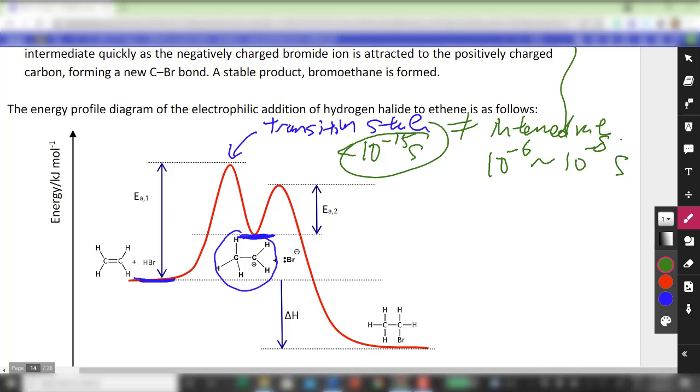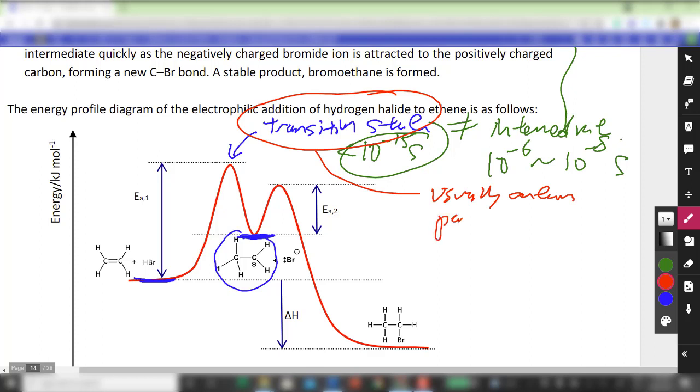So that means an intermediate is really a species which you can isolate and maybe study if it's stable enough. But transition states usually contain partial bond breaking and forming.